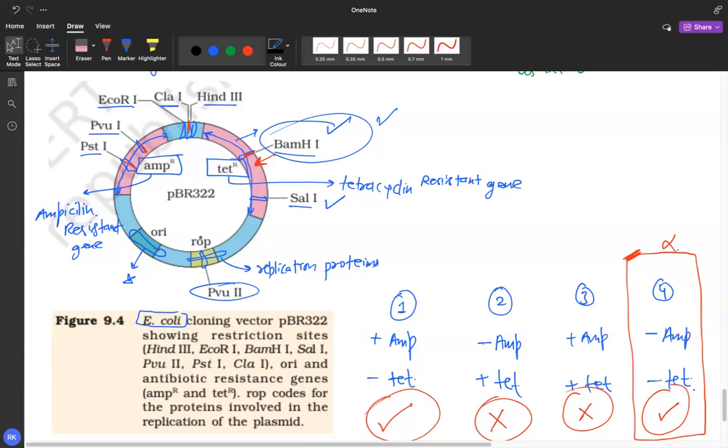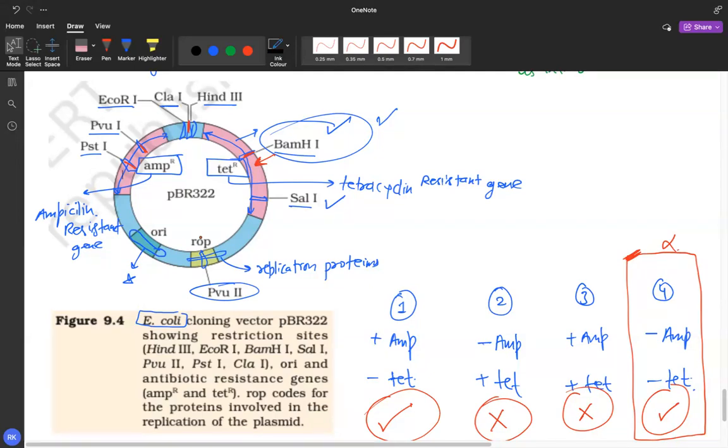Okay, the answer is multiple recognition sites will lead to generation of multiple fragments of the vector, which will complicate the process of recombination and gene cloning.